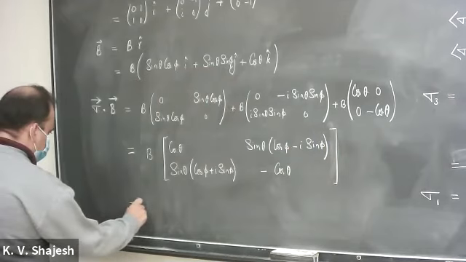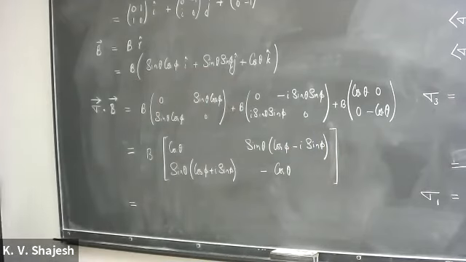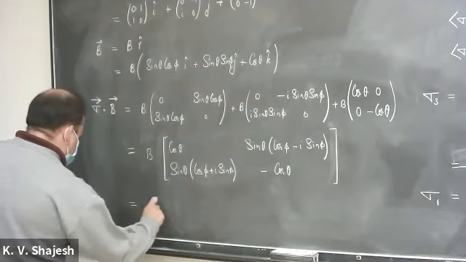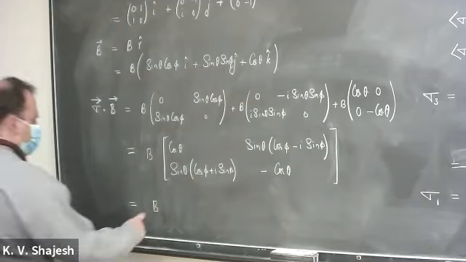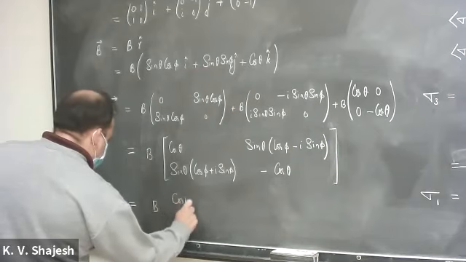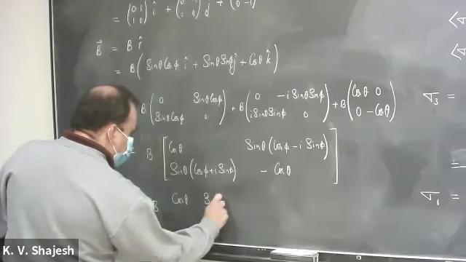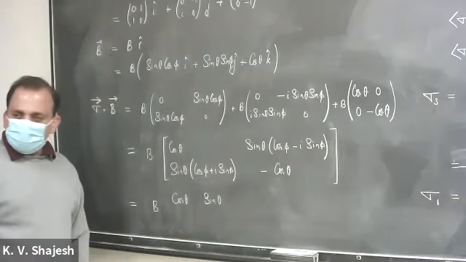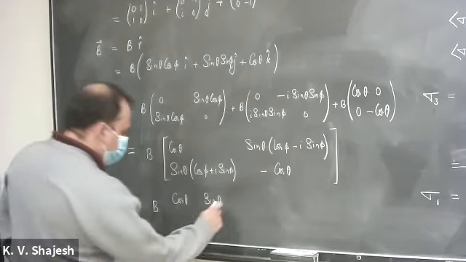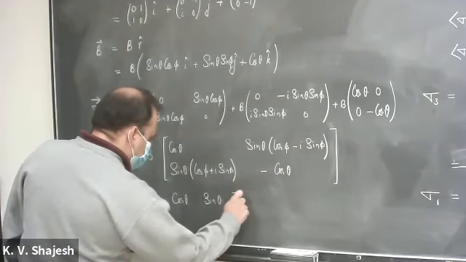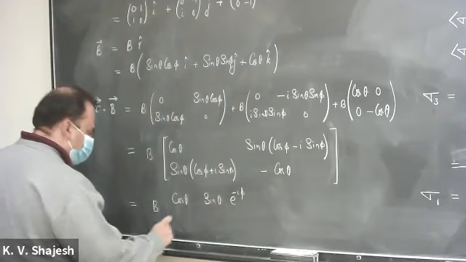That's the same as B times the matrix with cosine theta, sine theta times cosine phi minus i sine phi, using that complex representation. This is minus i sine phi, exponential of i phi.